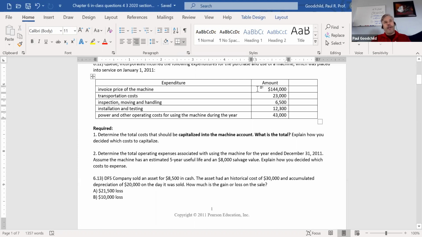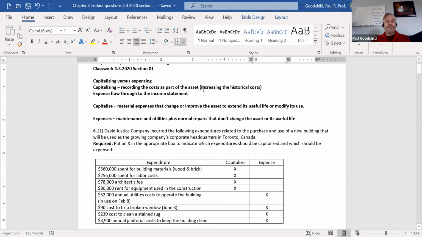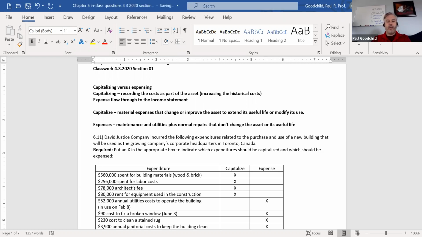Okay. So now when we walk back up here and we're talking about capitalizing versus expensing, this is determining what's going into the process. And there's one overriding rule in terms of a long-term asset: historical cost.